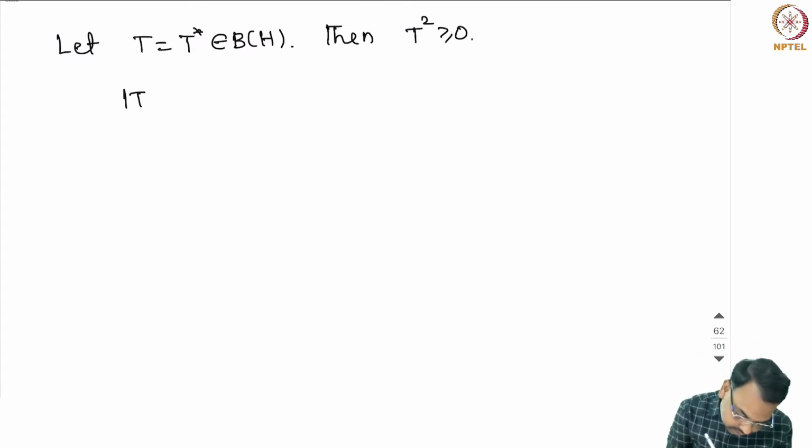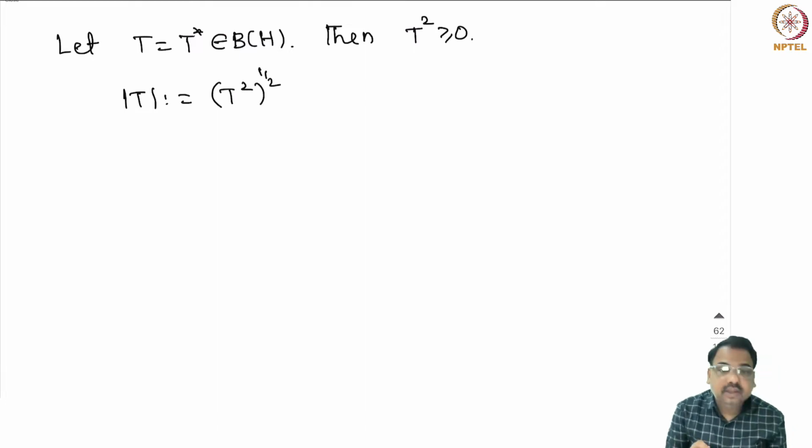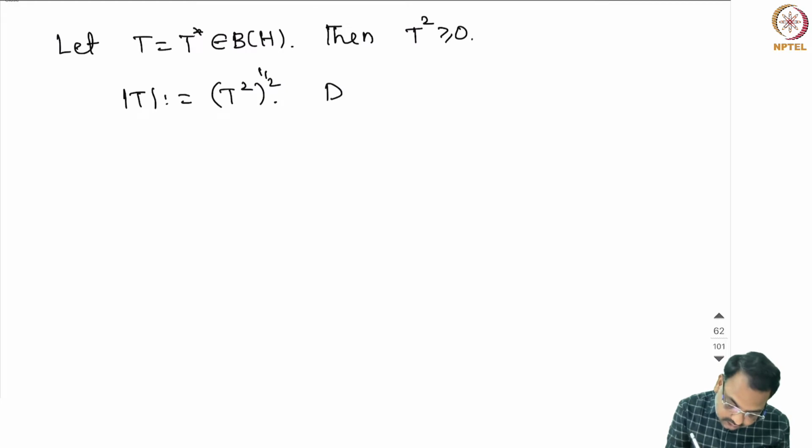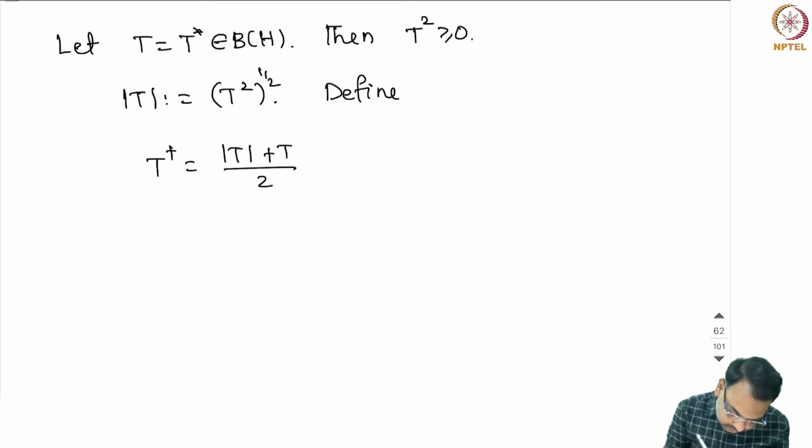So we define mod T as the positive square root of T square. We know that this is a positive operator. So as in the earlier case, define T plus as (|T| + T)/2 and T minus as (|T| − T)/2.